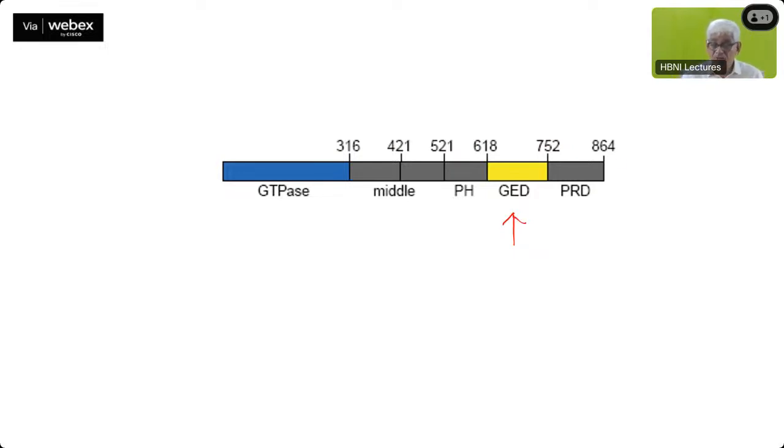And what will be the molecular weight here? 864 residues, and 10 kilodaltons is about 100 residues, so this will be roughly 100 kilodalton. But when this forms a rope along the neck, it will have a size of several megadaltons, 20, 30 megadalton.